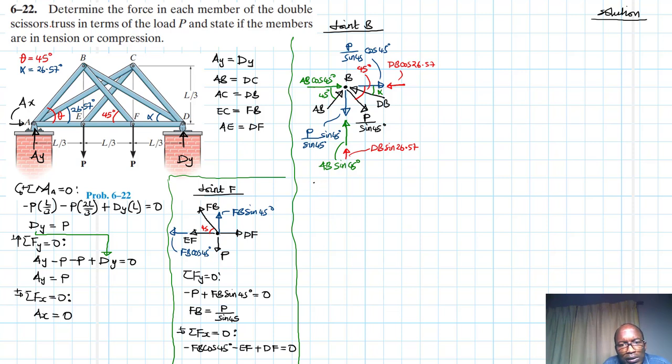Let's go ahead. So let's start with summation of forces. Doesn't matter which direction you start because you still have unknowns. Summation of forces in the y direction. What do we have in the y?